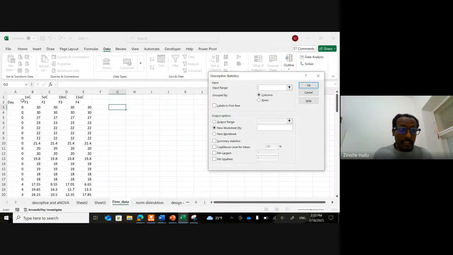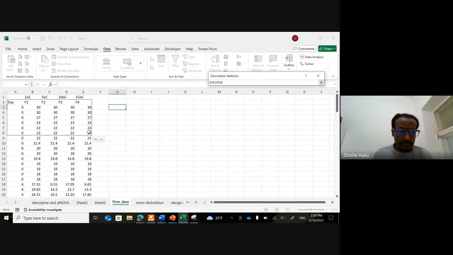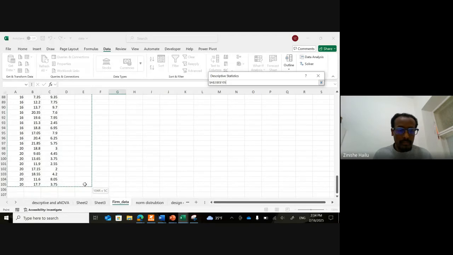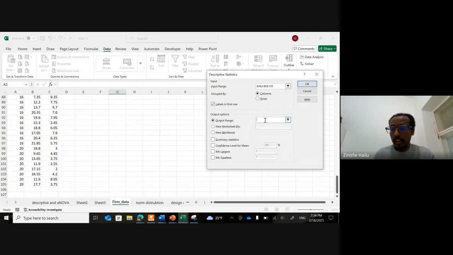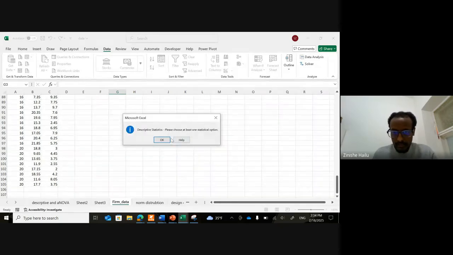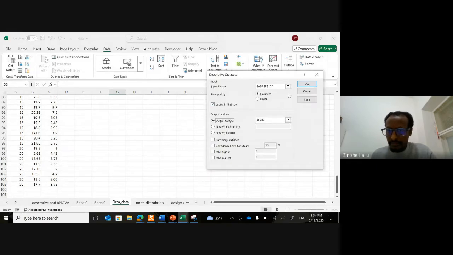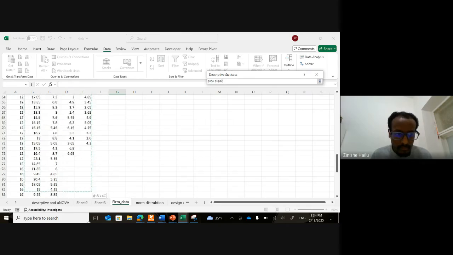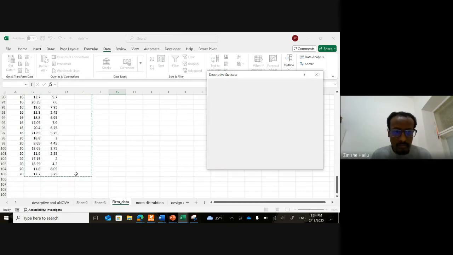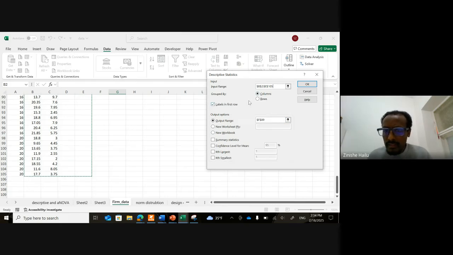I will put all the parameters here, with the labels, and select the output range. Columns, yes.